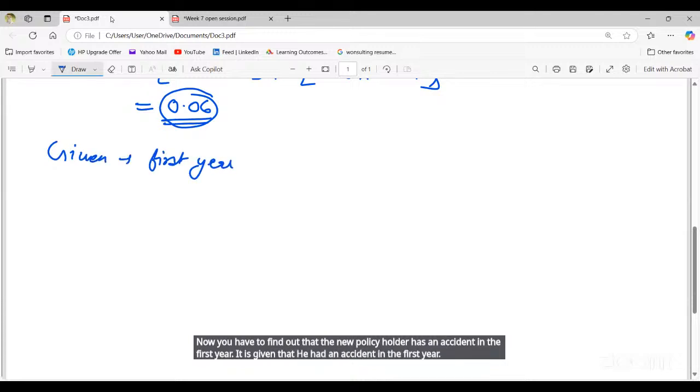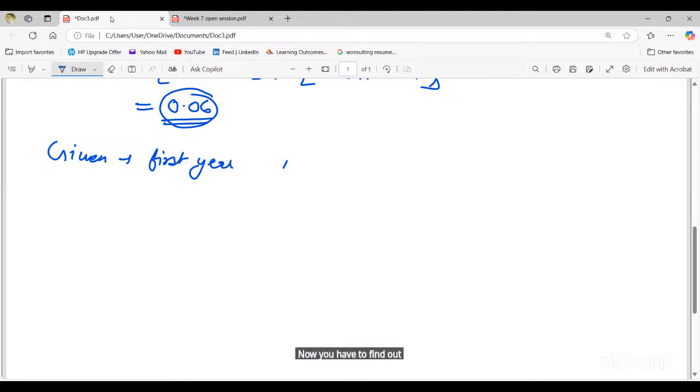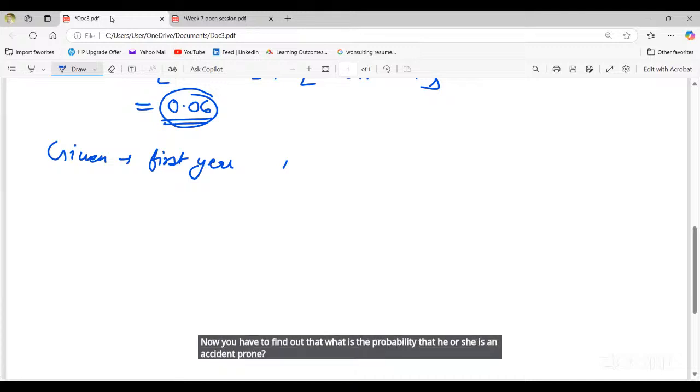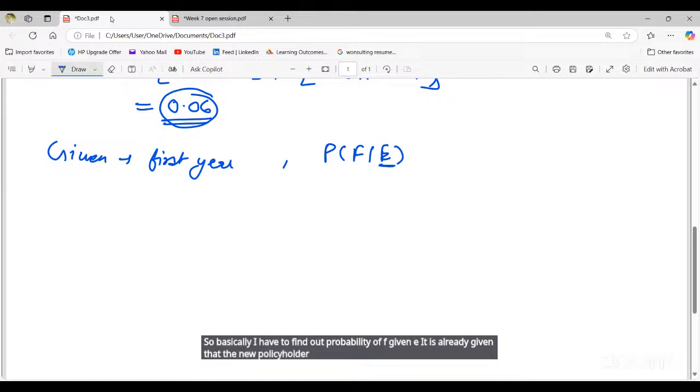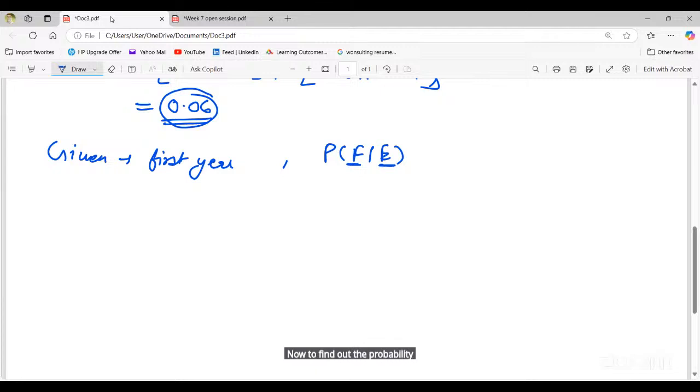Now you have to find the probability that he or she is accident prone. So basically, I have to find the probability of F given E. It is already given that the new policy holder had an accident the first year. Now I have to find the probability that he or she is from the accident prone. Got the question?